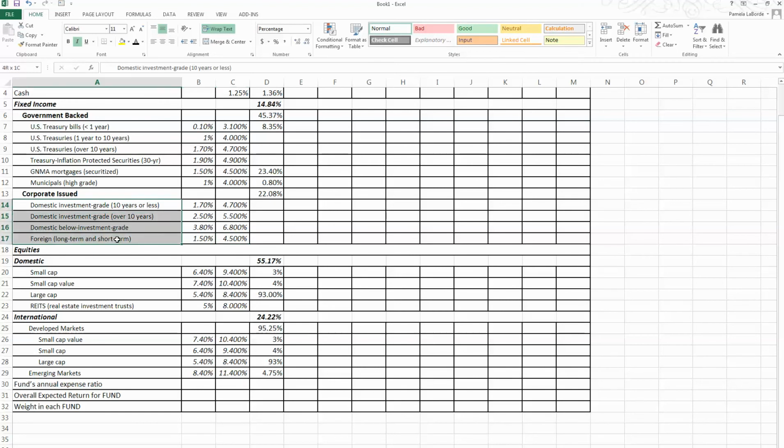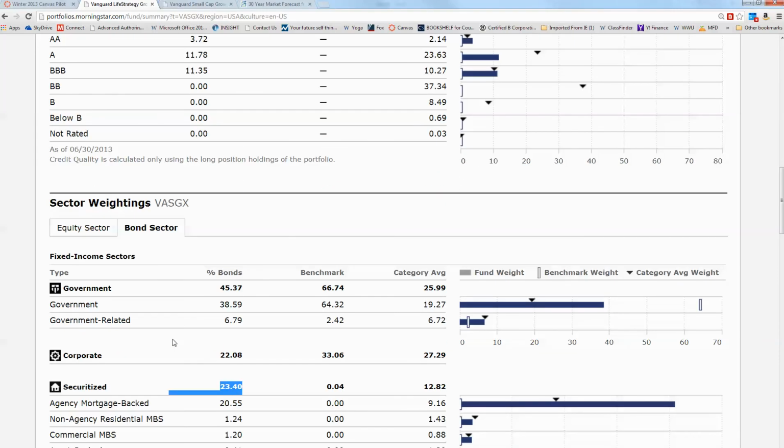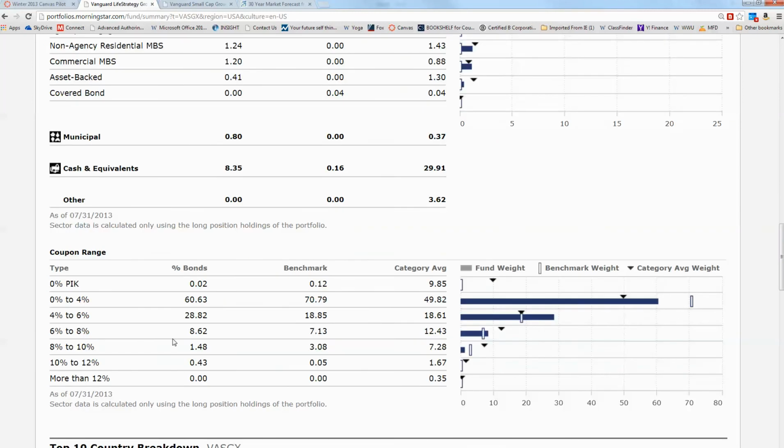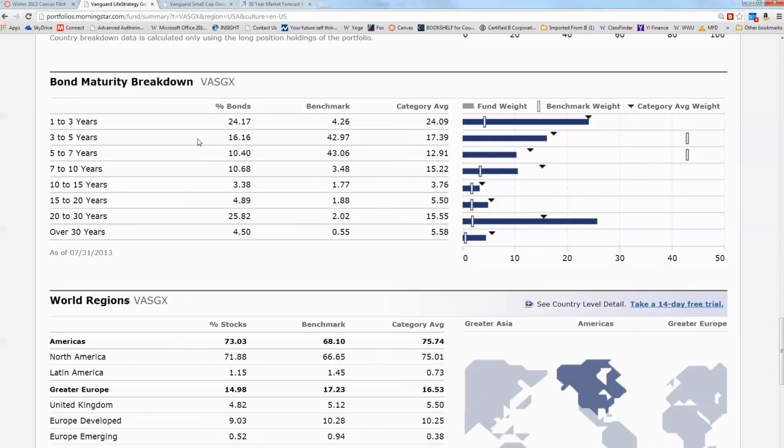So essentially I just need to figure out this information. So I need to know their grade and I need to know their maturity. Which I know is here somewhere. Here we go. Here's their maturity.